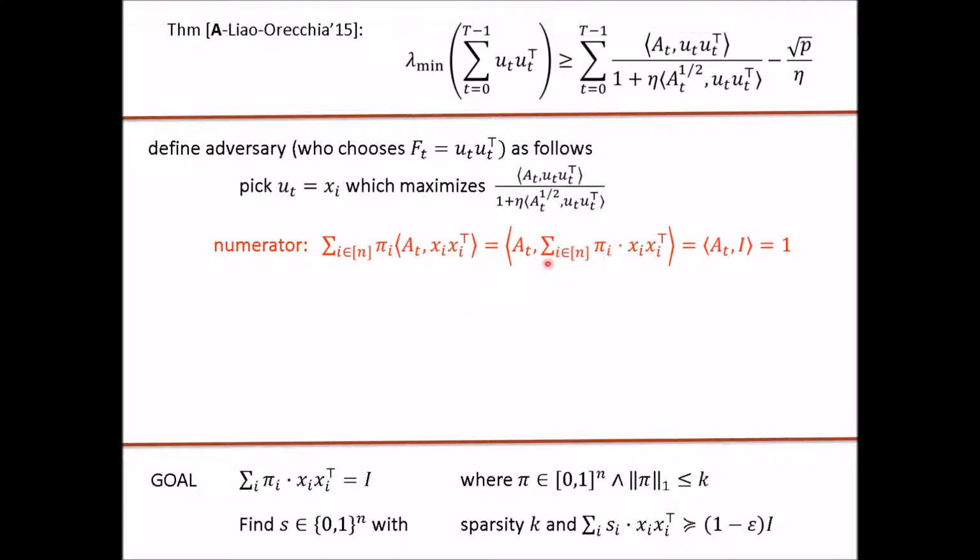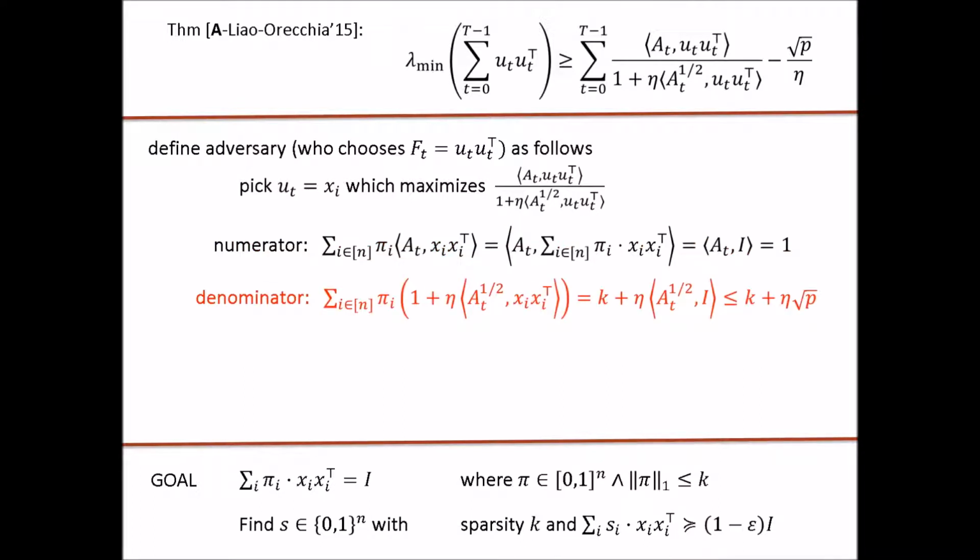And remember the fractional covariance matrix is I. And remember AT is a strategy. So far, I haven't used any property about AT except the regret inequality. But AT is a mixed strategy, like a density matrix, and therefore the trace equals 1. Therefore the numerator, if you do the weighted average over all data points, is just 1.